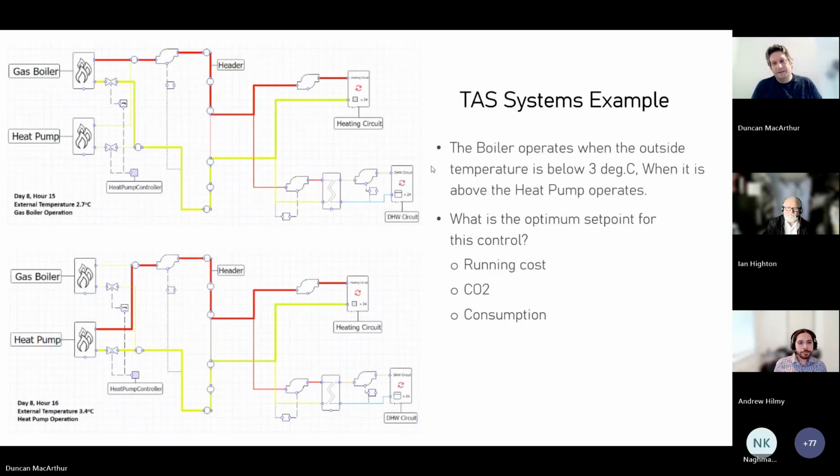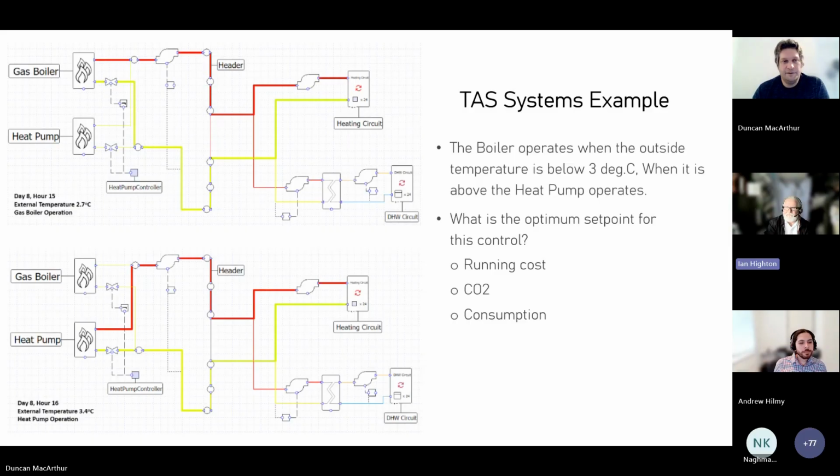So yeah, that's basically this control here. We're looking at the outside temperature, and we're either using the heat pump or the gas boiler. So sorry, Duncan, I'm guessing that's based on the fact that the heat pump has got certain efficiencies when outside temperature is at certain values.